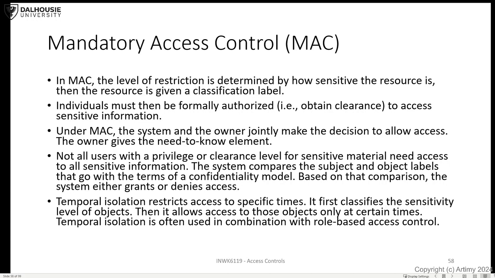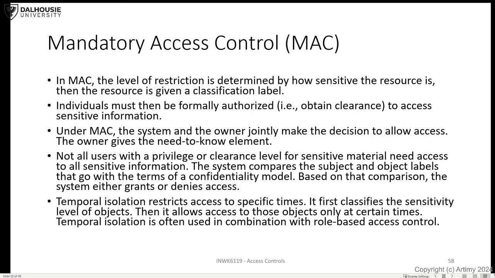Then the individuals can get a clearance level. So with clearance level 1, you are allowed to see a certain level of documents, but maybe not classified, not top secret, right?